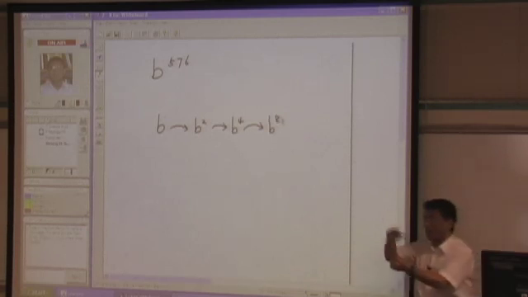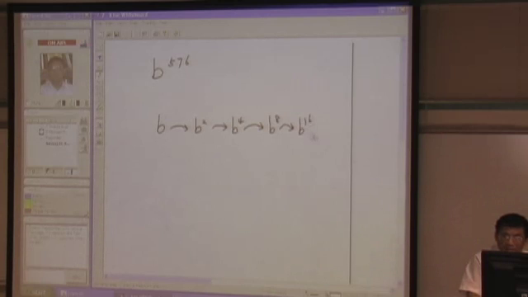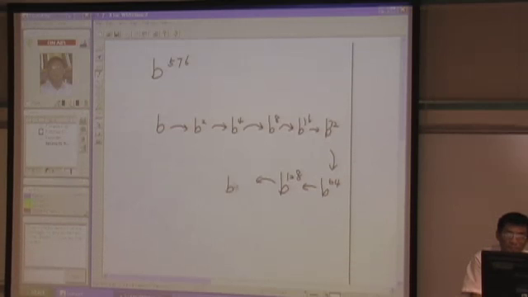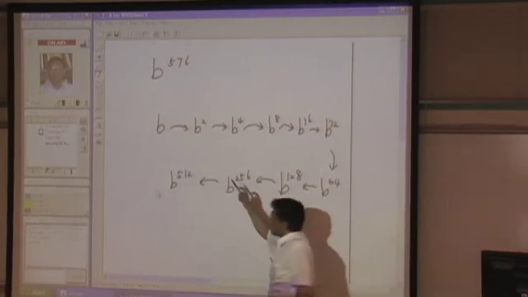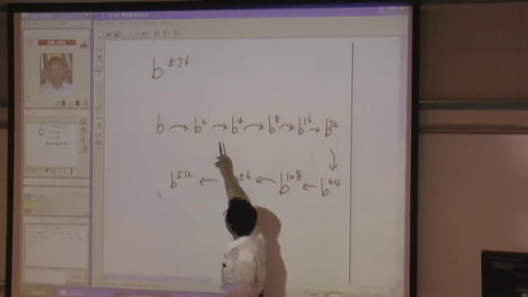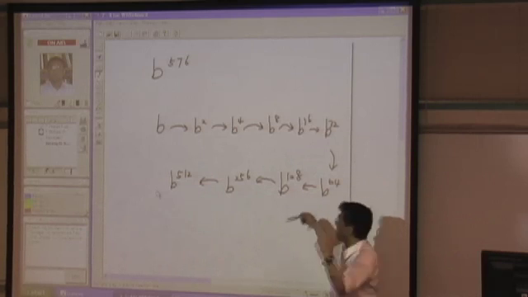And then b to the 8th power squared, then b to the 16th power, right? And then 32nd power, 64th power, right? 128th power, 256th power, right? So we find the power of 2 each time of the previous one, not b itself.